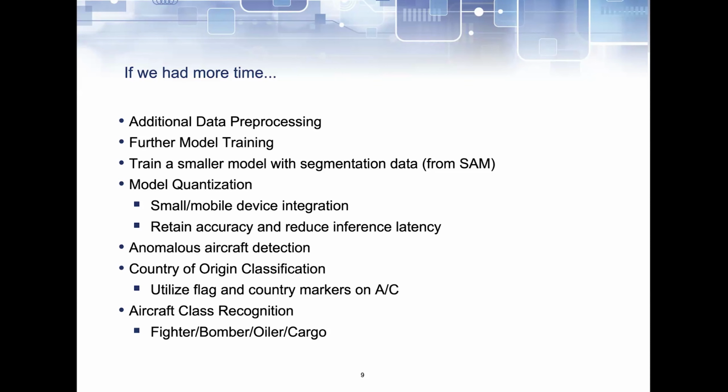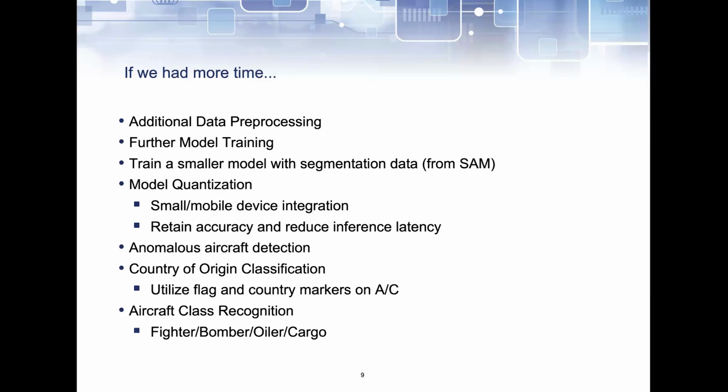We would have also trained a smaller model with the segmentation data. The segmentation output of our pipeline could be used to get more value out of our base data, which is just bounding box data plus image. We could potentially leverage this to make more segmentation data and train a smaller model for segmentation. We had the idea of model quantization to optimize more for performance.